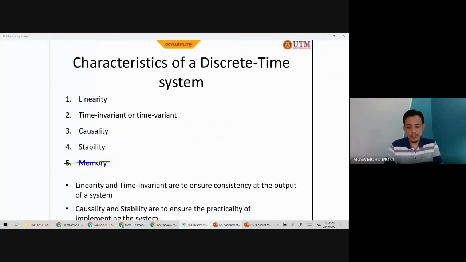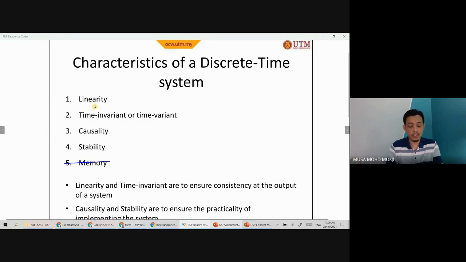We have seen the characteristics of a discrete time system. We are focusing on four: linearity, time invariant or time variant, causality, and stability. And actually memory, we will look at this one also, but this is quite straightforward.